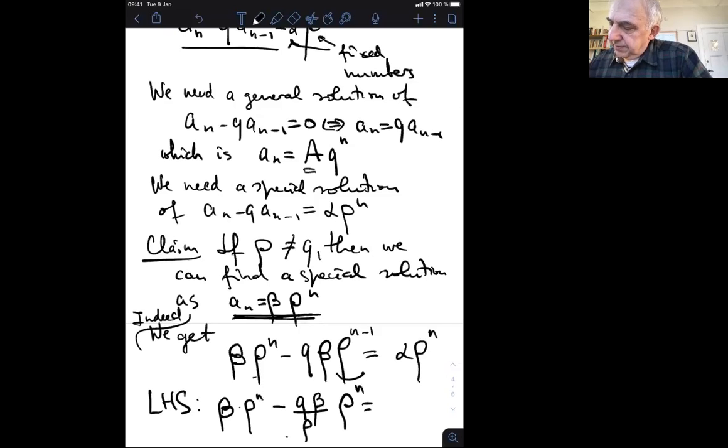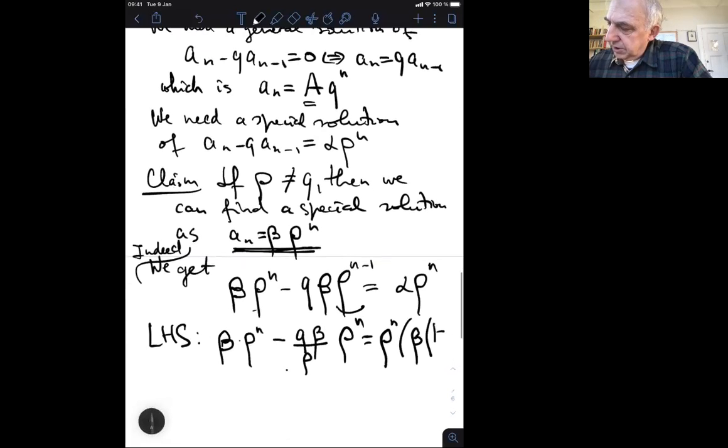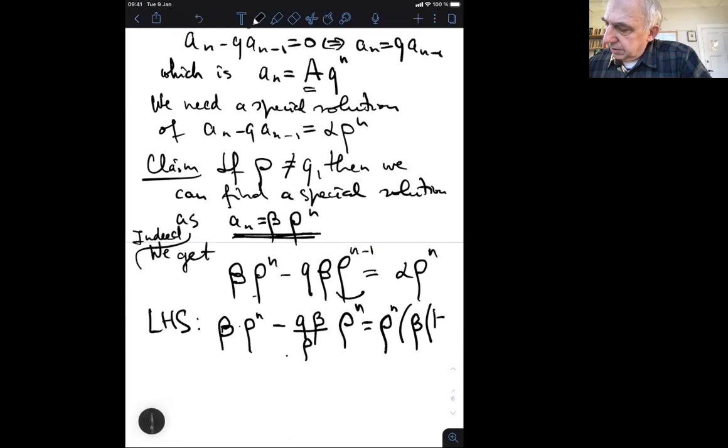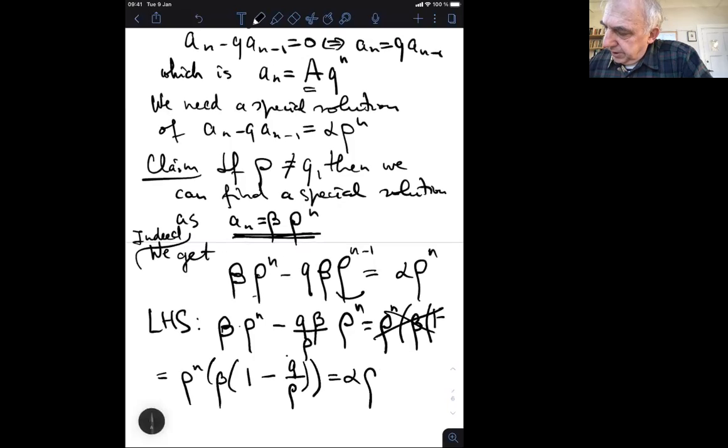Then I can factor out rho power n and beta, getting rho power n beta times 1 minus q divided by rho equals alpha rho power n.